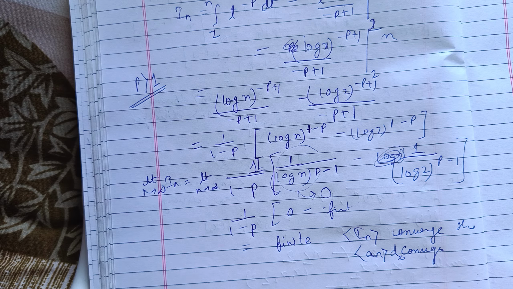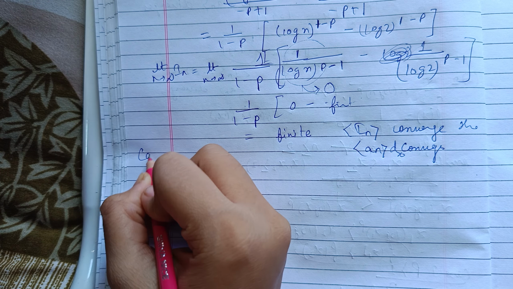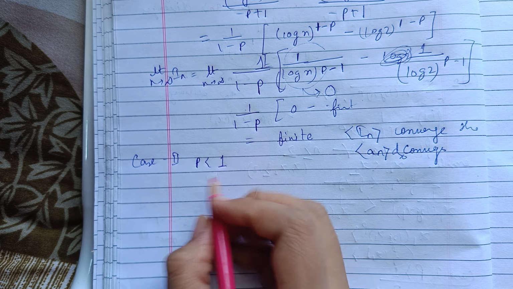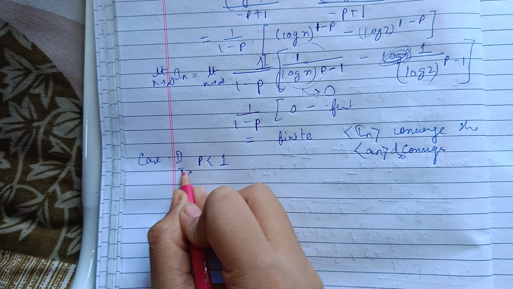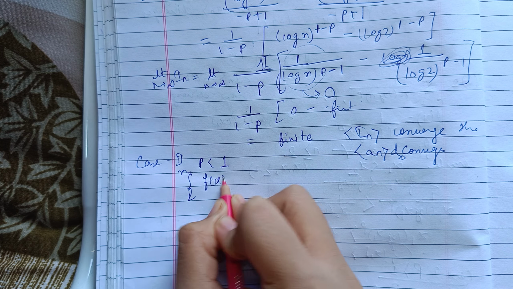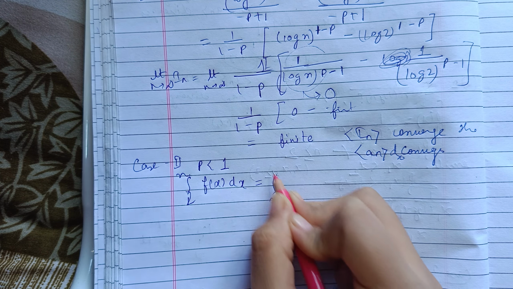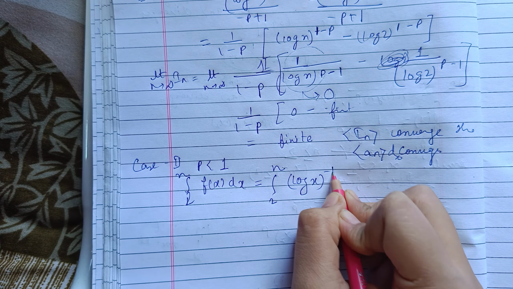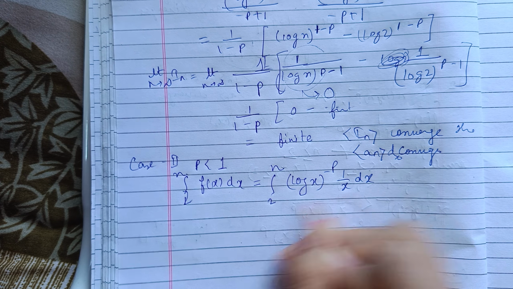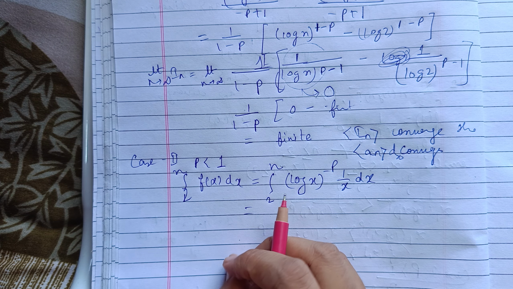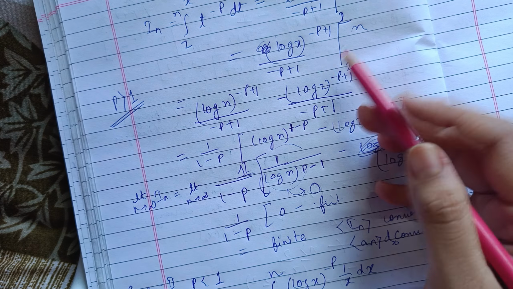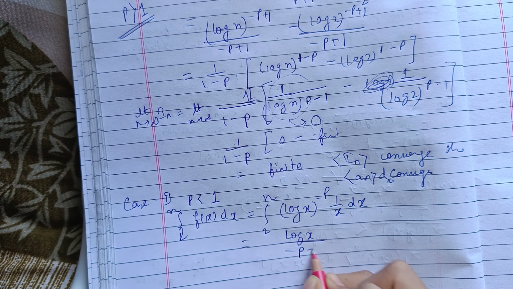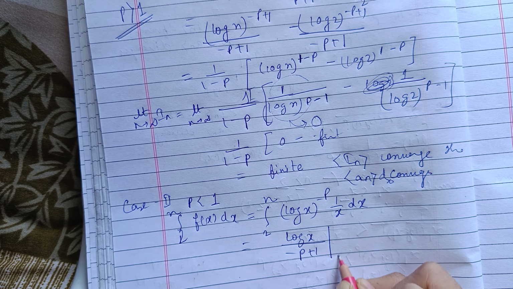Now we have to solve for case 2 where p is less than 1. If p is less than 1, I have the integral from 2 to n of f(x) dx, which is the integral from 2 to n of log x to the power minus p times 1 by x dx. So the steps will be the same up to here, so I am directly writing that it is log x to the power minus p plus 1, from 2 to n.